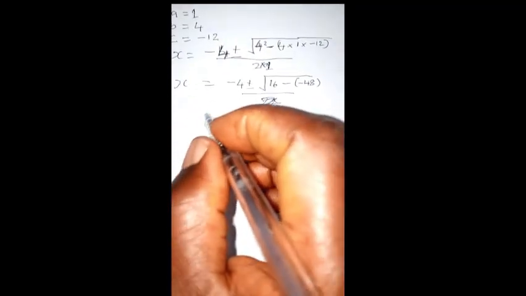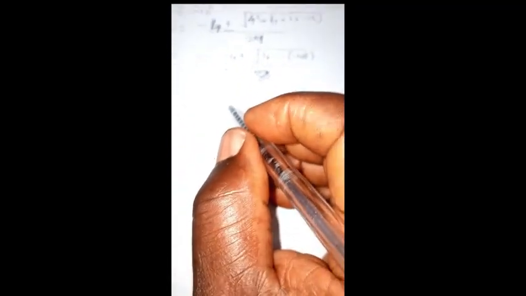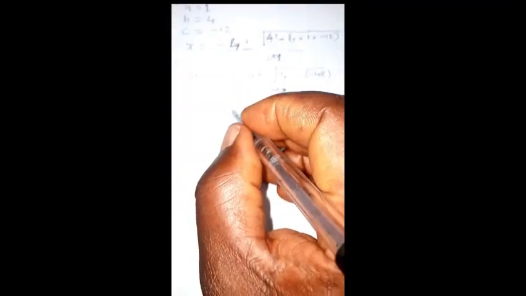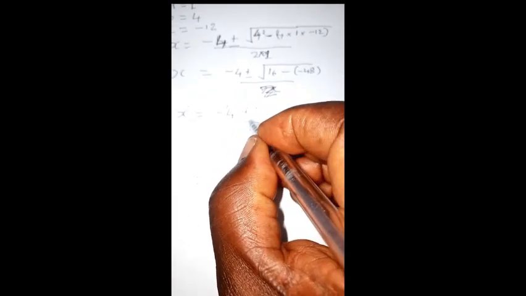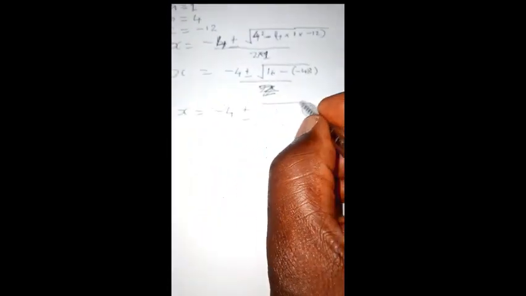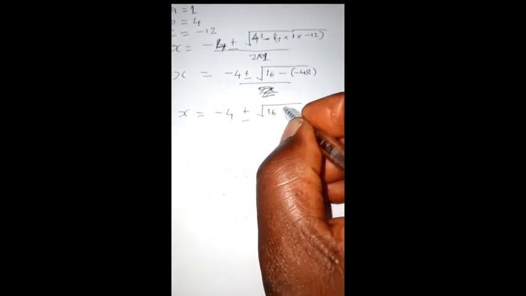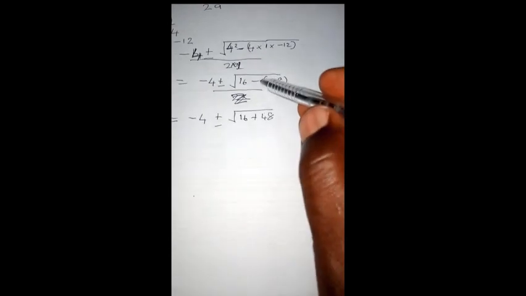So we now have that x is equal to minus 4 plus or minus the root of 16 plus 48. It is 16 plus 48 because this negative sign multiplying this negative sign makes it a positive sign.